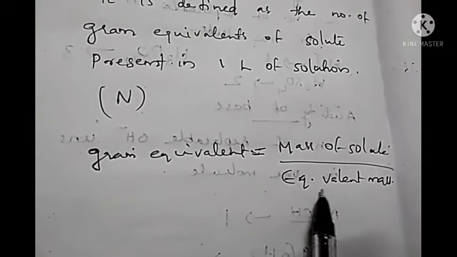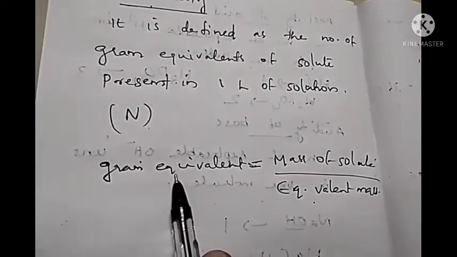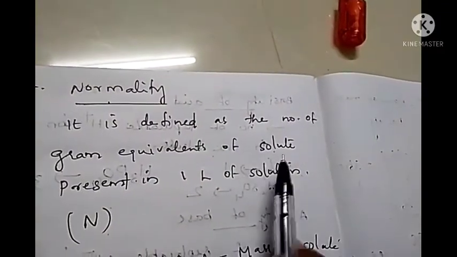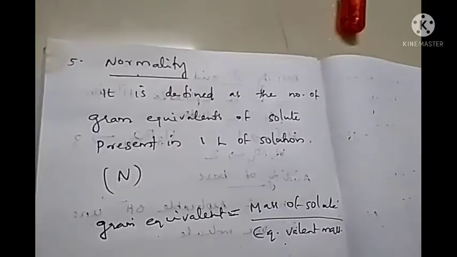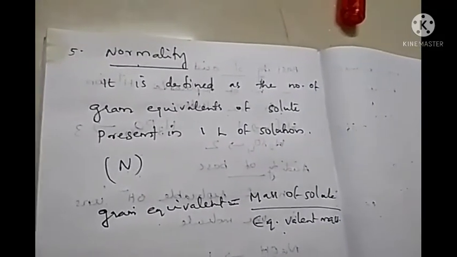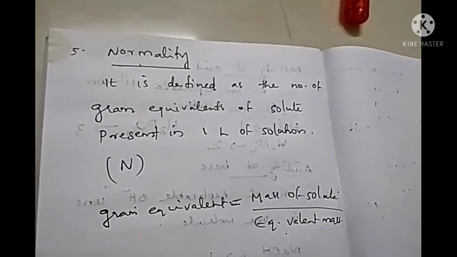Mass of the solute divided by equivalent mass will give the number of gram equivalents, and that number of gram equivalents per liter of the solution is known as normality. It is represented by capital letter N. So this is another term used to express the concentration of solutions.